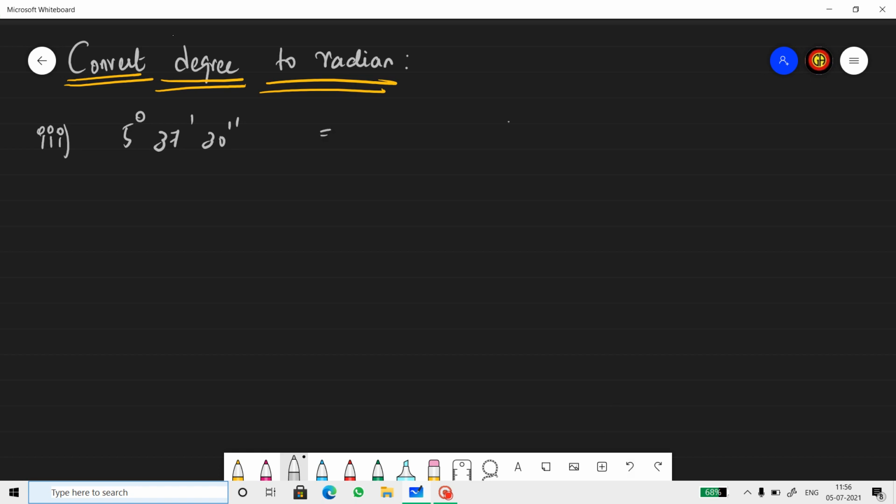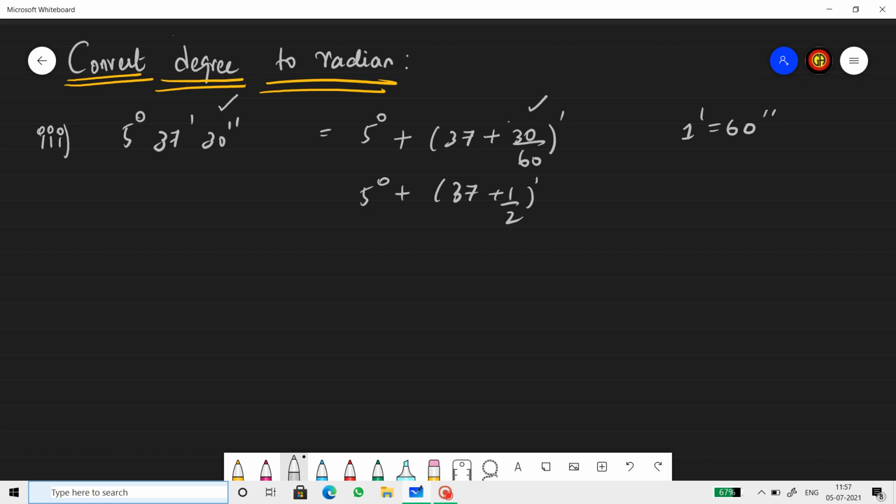So, 5 degree plus 37 plus 30 by 60 minutes. That means 1 minute is equal to 60 seconds. So I'm converting 30 seconds to 30 by 60 minutes. Alright. Now 5 degree plus 37 1 by 2 minutes.